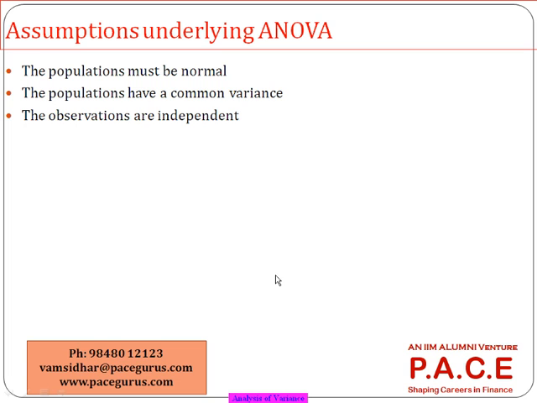Now we'll go back to the fact that if I have to use the ANOVA analysis, a few assumptions are there, right? In my data also, I'm assuming that whatever I'm working with follows all these three assumptions.